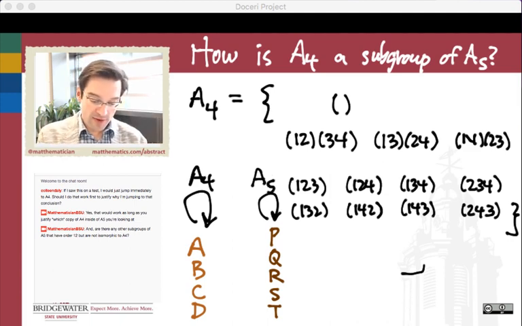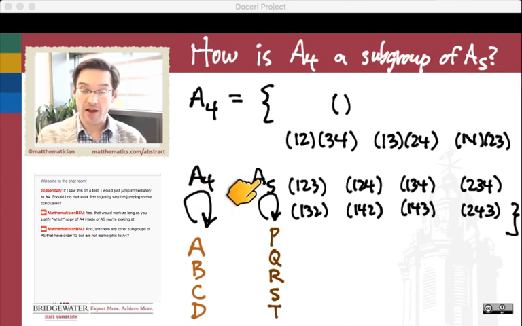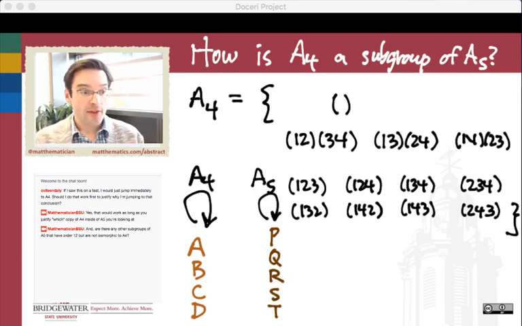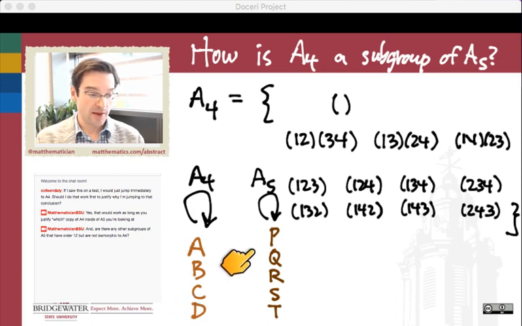If we want to realize A4 as a subgroup of A5, the question we have to answer is which symbols here are being associated with which symbols over here on the right.